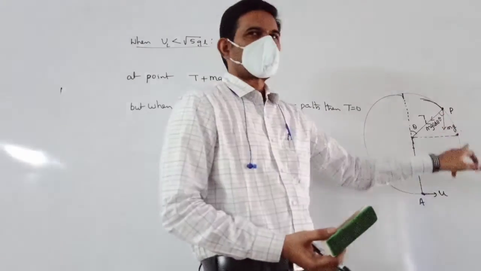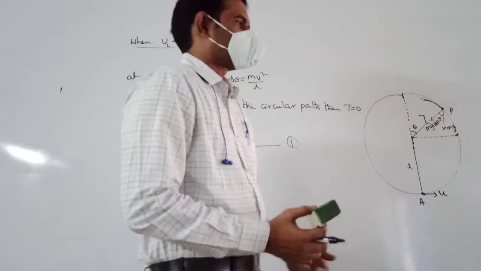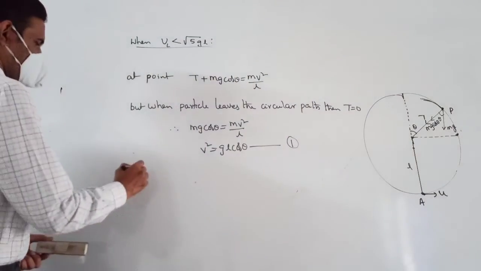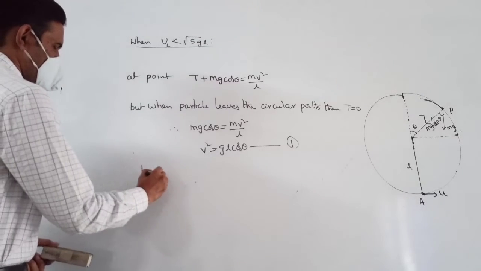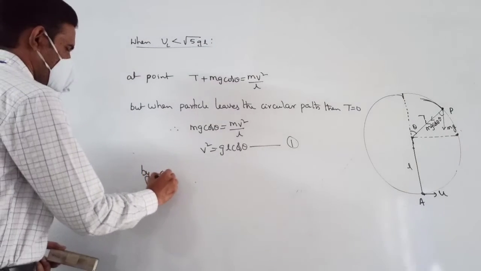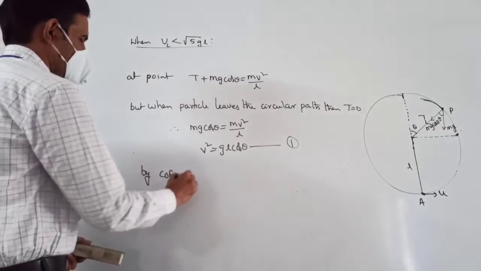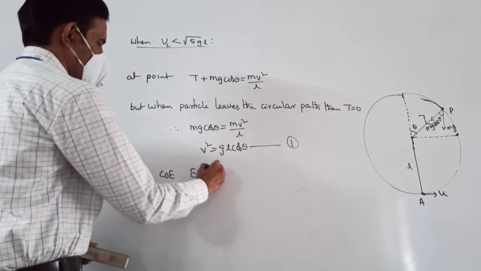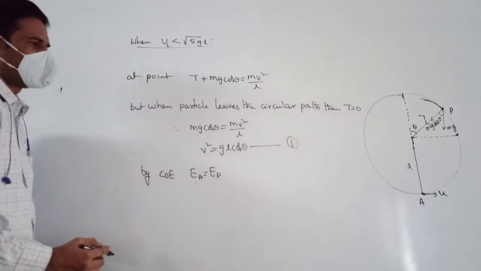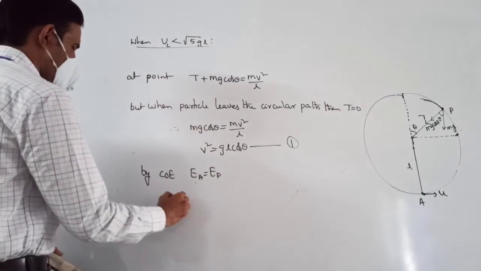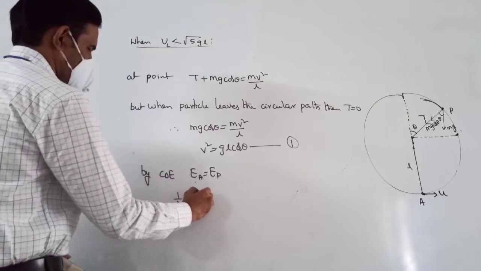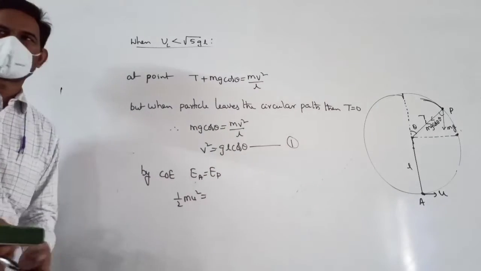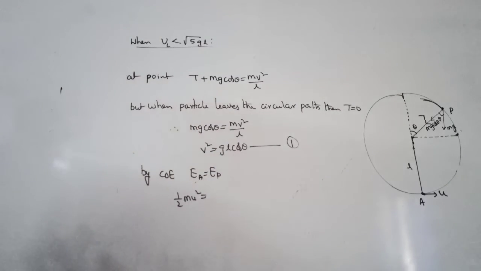So now by conservation of energy, energy at A is equal to energy at that point P. So energy at A I am writing as half mu square. Now write the energy at point P. So kinetic energy is half mv square.